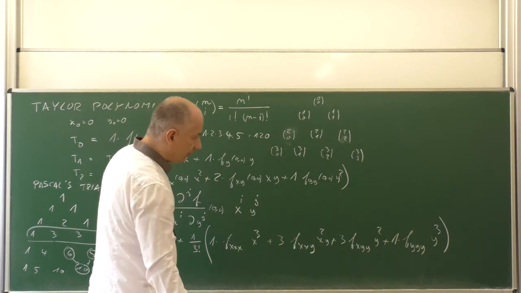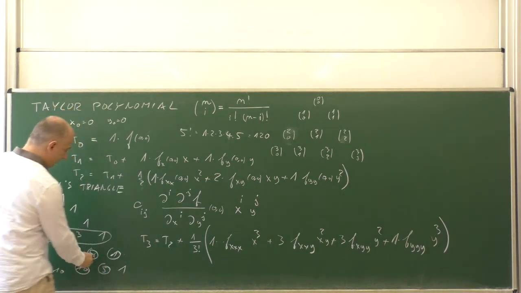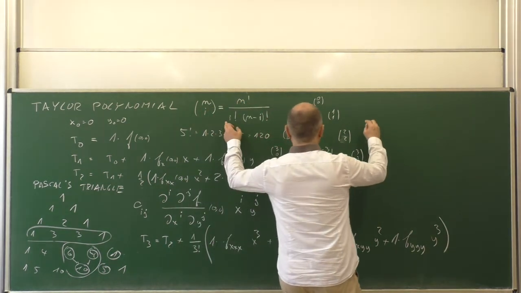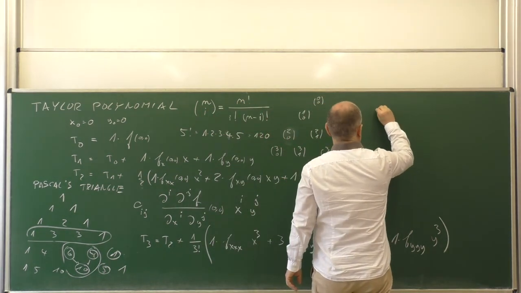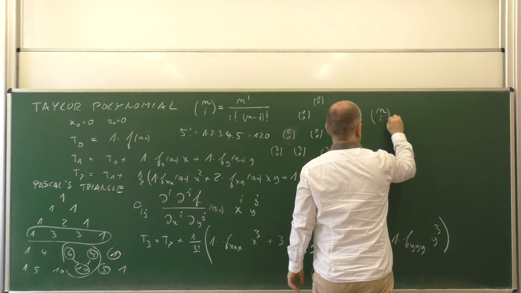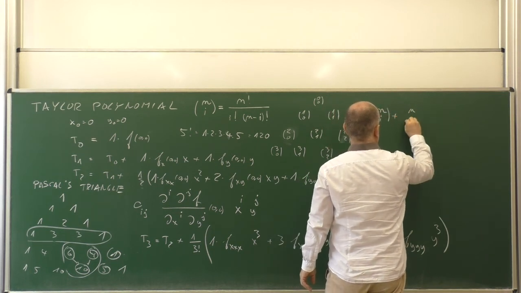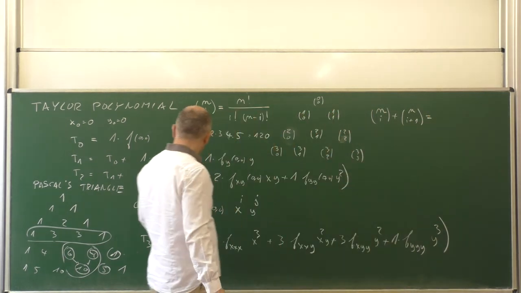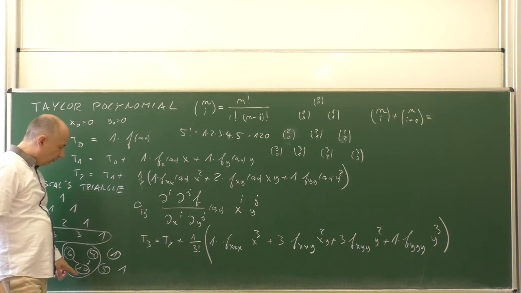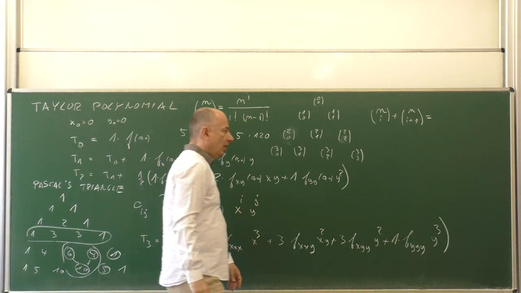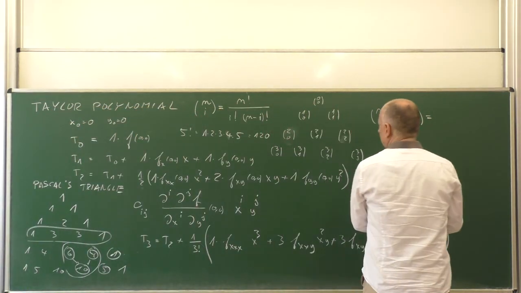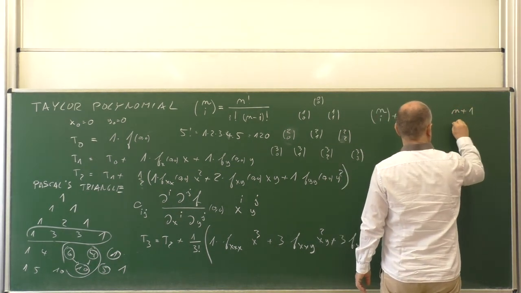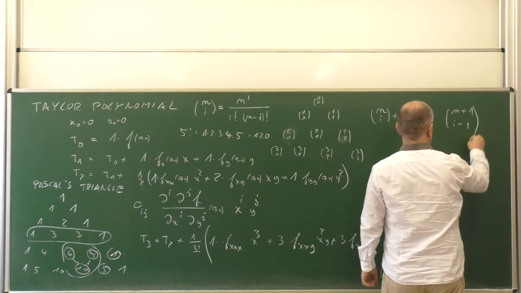And these numbers do indeed satisfy this summation rule. That means if you add n above i plus n above i plus 1, then you get an entry which is one level down, namely n plus 1 above i plus 1.